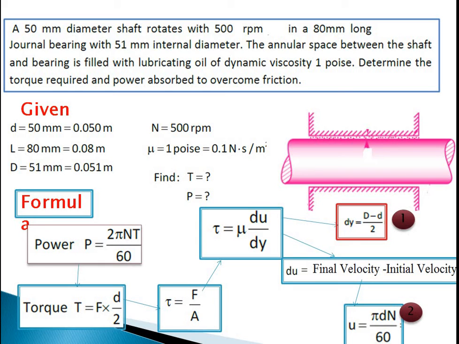So to solve this problem, initially we will calculate dy, then u, then du by dy, then tau equals mu into du by dy. Then we calculate the next point, tau equals F by A, then torque, and finally power.